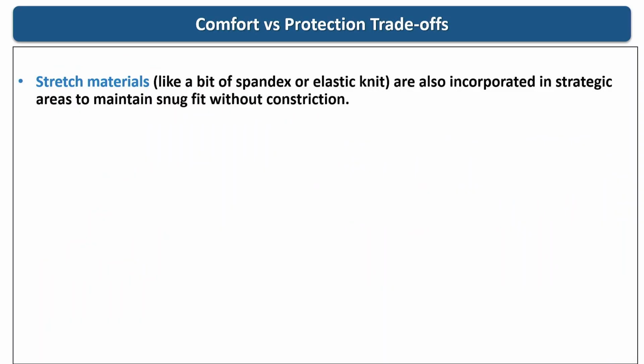So, we can use a stretch material along with the high performance fiber, like a bit of spandex or elastic knit. They are incorporated strategically in a particular area where the cut threat is less, to maintain a snug fit without constriction, so that it should not restrict our body movement.